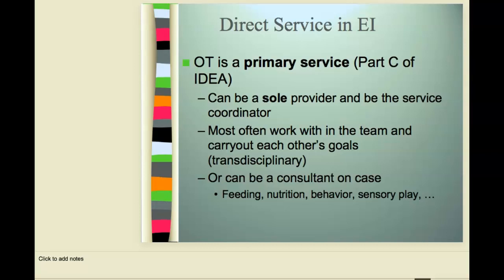So if self-feeding was the primary concern and a goal for the child, you might have an occupational therapist, a behavioralist, and a speech therapist, we'll say, all working with that child. But maybe the occupational therapist is the lead person because they have the most knowledge about self-feeding and the concerns and difficulties of the child.